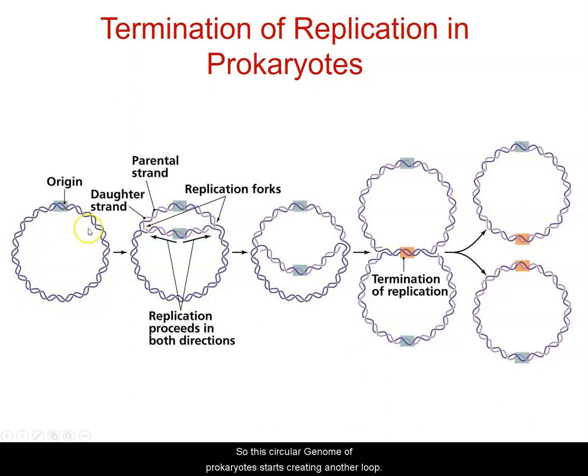So this circular genome of prokaryotes starts creating another loop, and this continues and continues and continues. And remember that the replication bubble is getting wider as more replication is happening. So then at the termination of replication, you get two circular genomes that pop apart. So the key differences here is that prokaryote replication of DNA occurs in the cytoplasm and has one origin of replication.